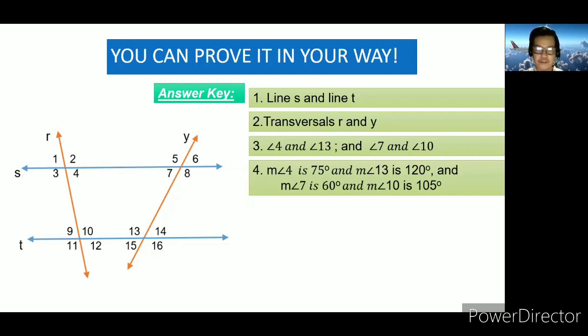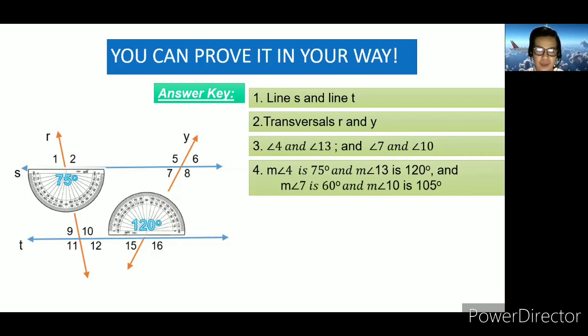For my drawing or figure, the protractor reveals that the measure of angle 4 is 75 degrees. The measure of angle 13 is 120 degrees, while angle 7 measures 60 degrees, and angle 10 measures 105 degrees.